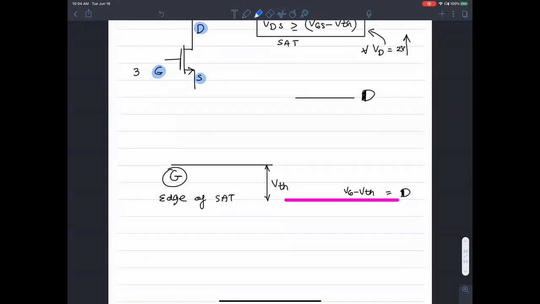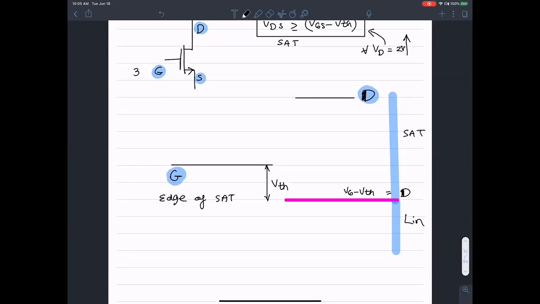For drain voltages above this, it's going to be in saturation. For drain voltages below this, it's going to be in the linear region. That's the idea of saturation and linear region. That's the relationship between the drain and the gate voltage, which determines whether the MOSFET is in linear or in saturation region.